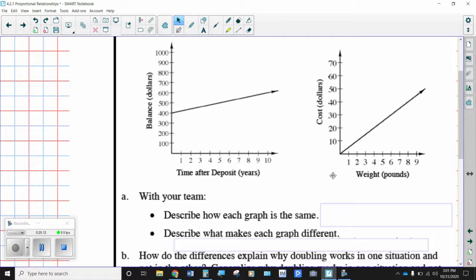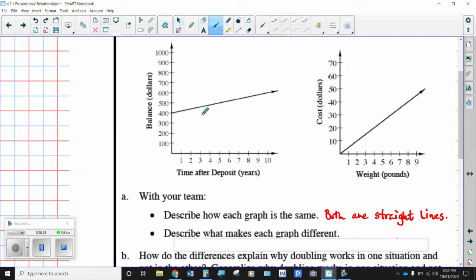Well, really just one thing that I see that they have in common, and that is that both of them involve straight lines. Now, in a graph, what the straight line means is that it's growing by a constant rate. This one was growing by a rate, let me do this guy, of $20 per year, okay?